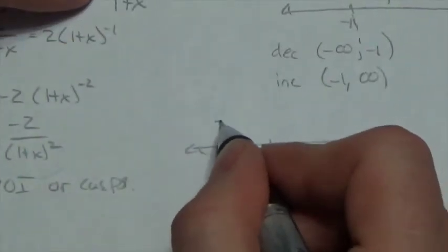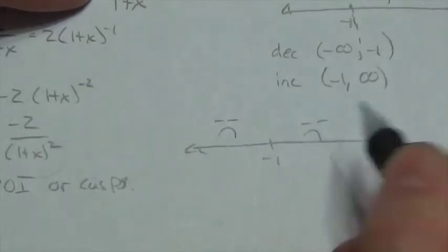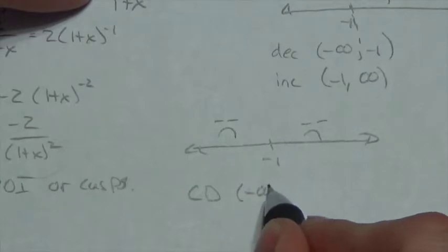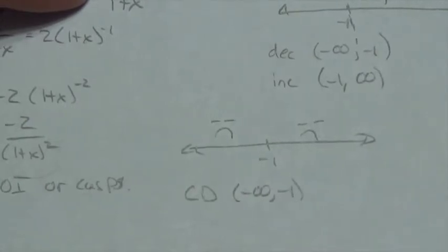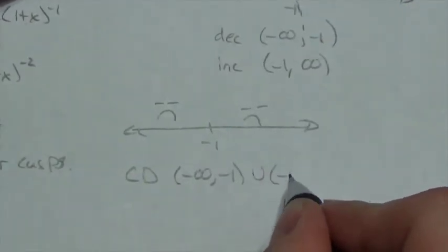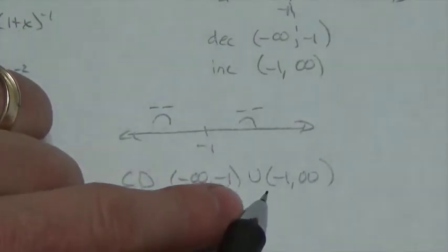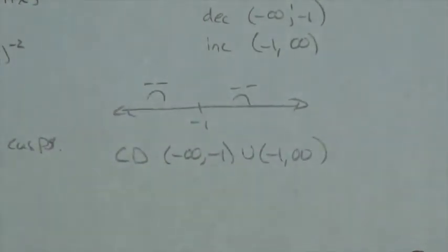So it's going to be negative here and negative here. So this thing is concave down on the interval -infinity to -1, union -1 out to infinity. And again, notice I'm using parentheses here because I'm not including the -1. So this thing is always basically concave down.